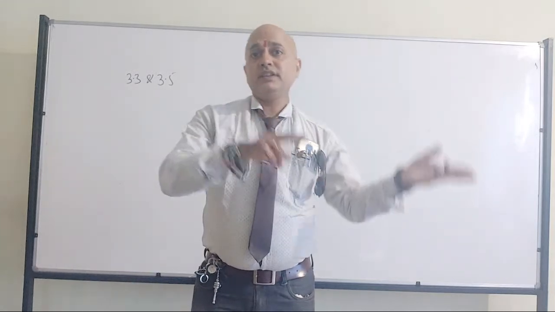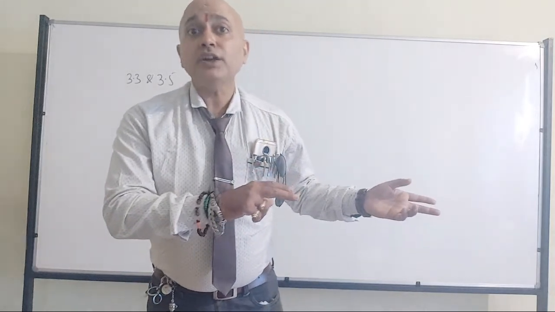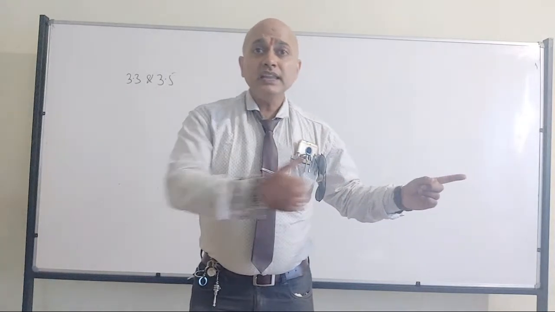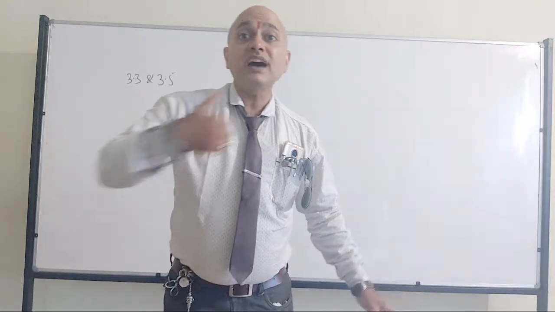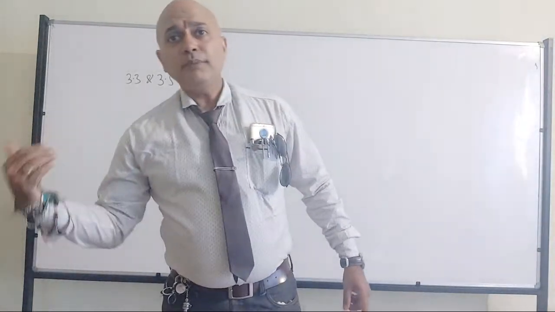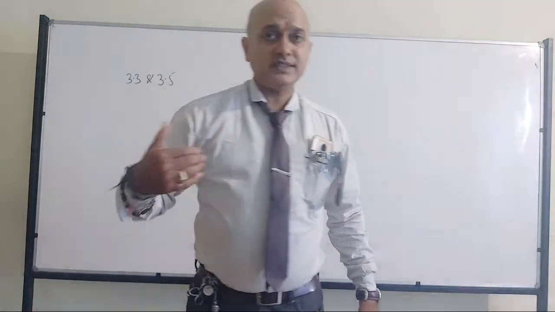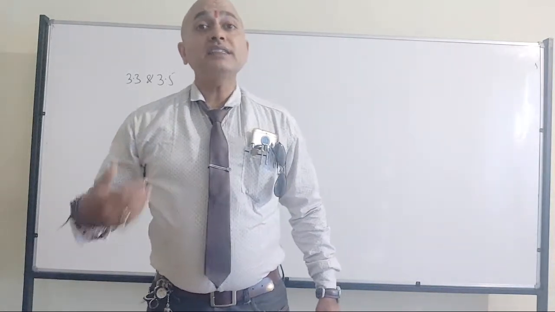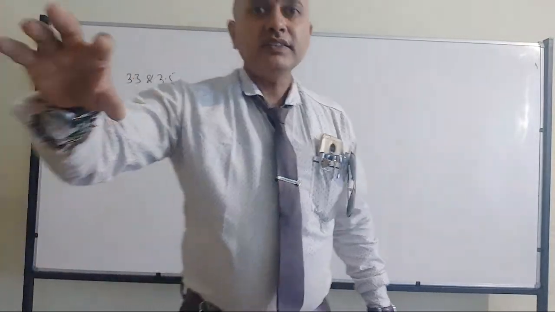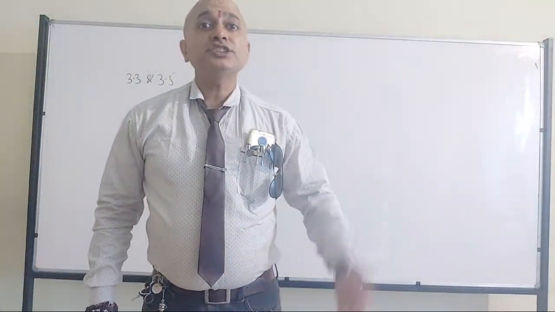That means there is a shift in the character of the element from metallic to non-metallic. Therefore, the in-between elements are called transition. There is a transition, right? Metals to non-metals. So due to that they are called transition elements. That's all.